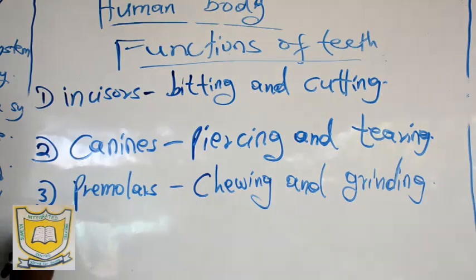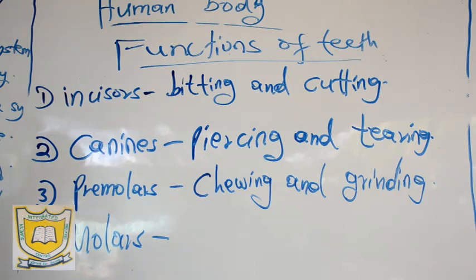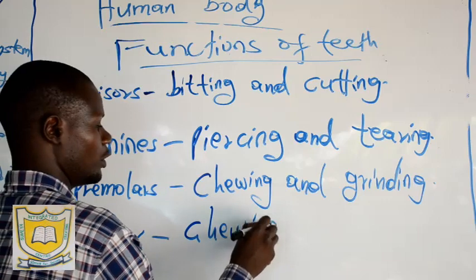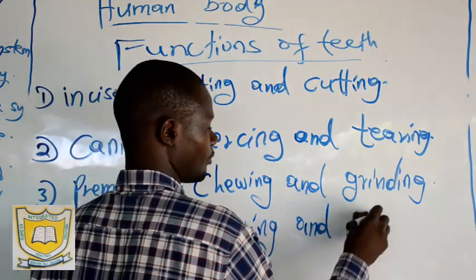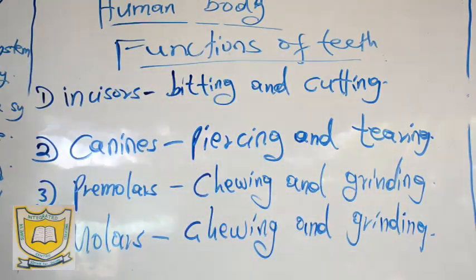Lastly, we have the molars. What is the function of the molars? You find that molars are used for chewing and grinding. Very good. Now those are the 4 types of teeth and their functions.